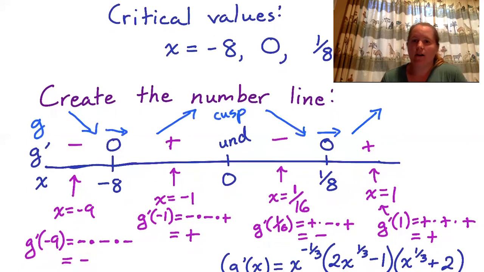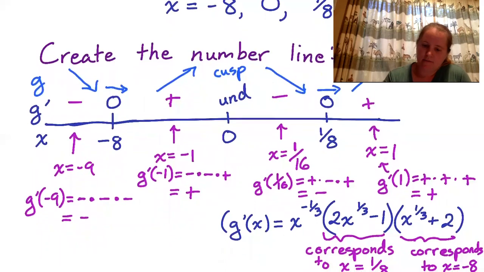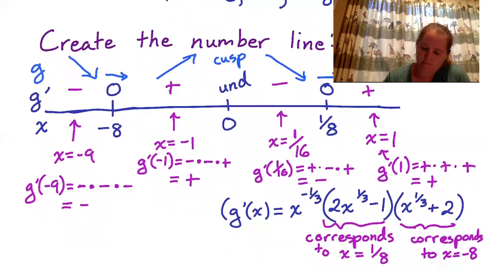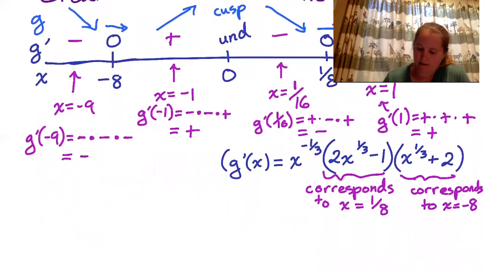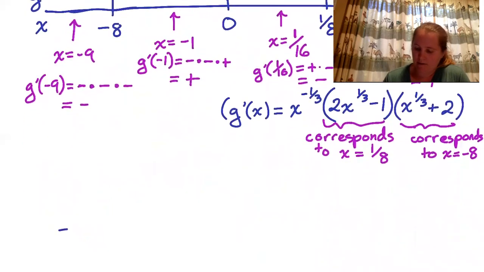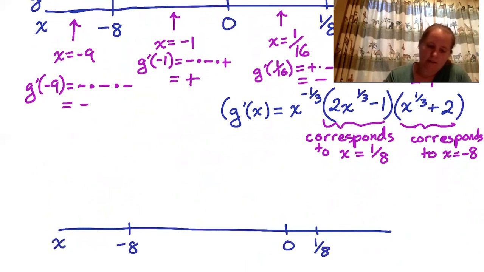Okay. So if we draw our picture, we have -8, 0, 1/8. Again, my spacing is not completely accurate. Then my graph of g, we start off going down.